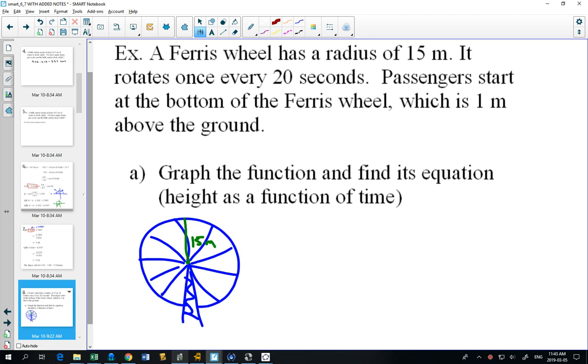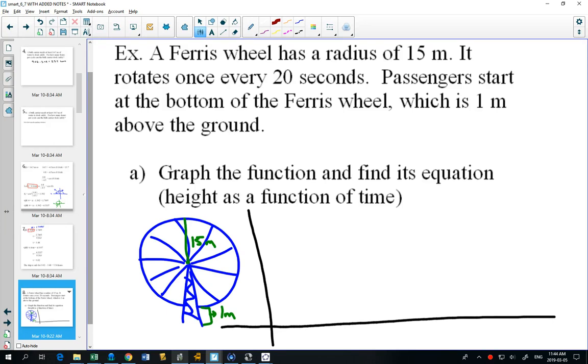1 meter above the ground, so this distance right here is 1 meter. And then right beside it, I draw my graph. How high is it going to be here at the maximum?